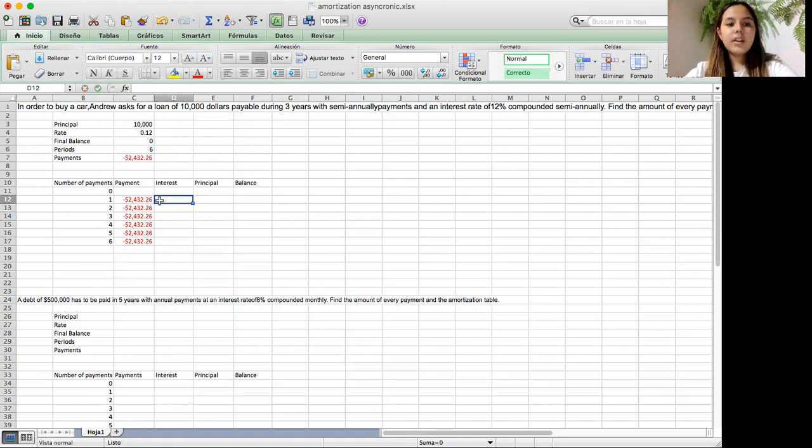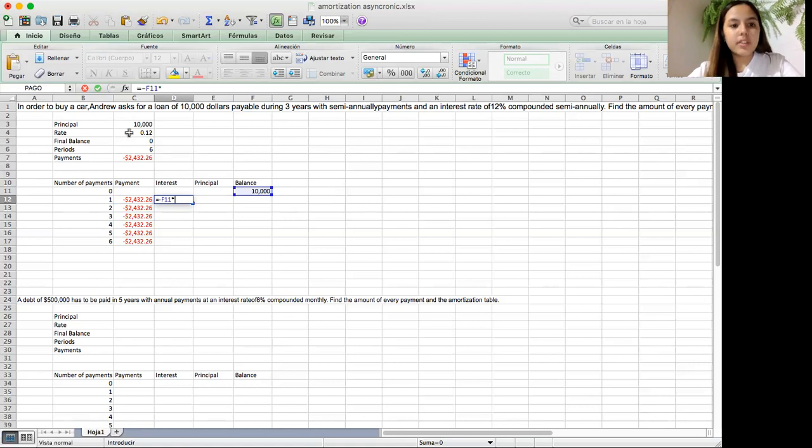Then for every period, we need to find the interest, the principal, and the balance. The balance in period 0 will be the same as the principal, that is 10,000. Then the formula of the interest is minus the last balance times 0.12, that is the rate.